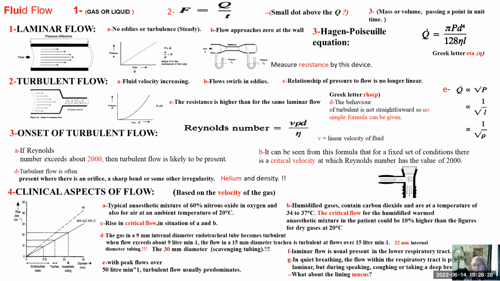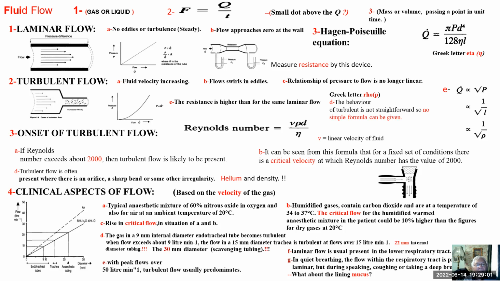We must remind ourselves of the Reynolds number equation, which is formed from the linear velocity times rho, the density, times the diameter, over eta, which is the viscosity. Viscosity is the friction forces between the layers of the fluid.